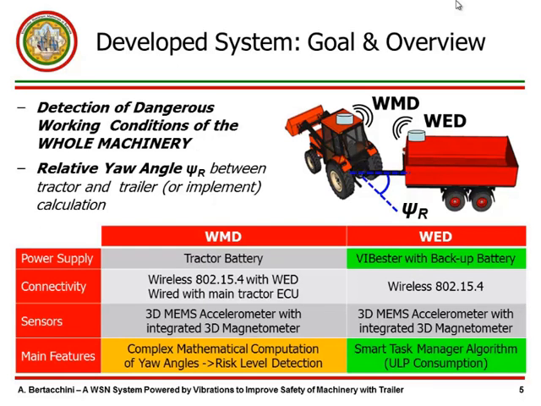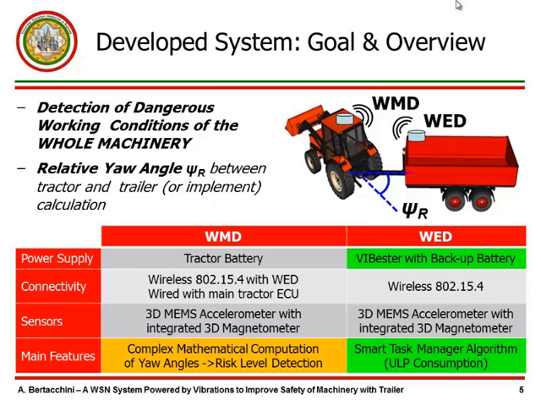The goal of the system is the detection of the dangerous working condition of the whole machinery, vehicle plus trailer or implement. To do this, we need to calculate the relative yaw angle between the tractor and the trailer. We implemented a system composed of two devices.